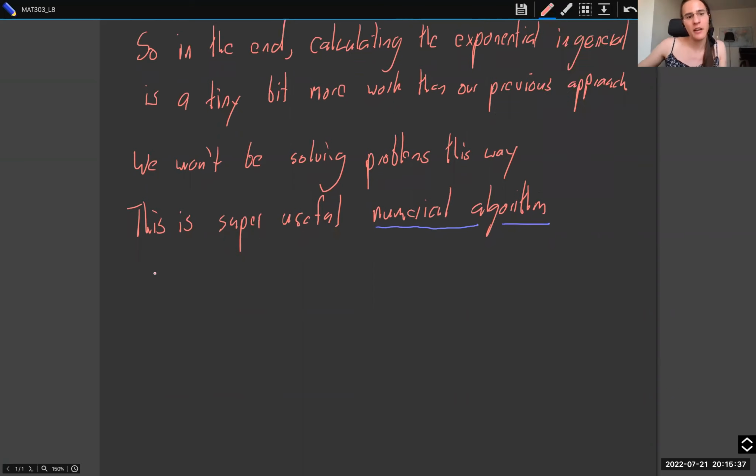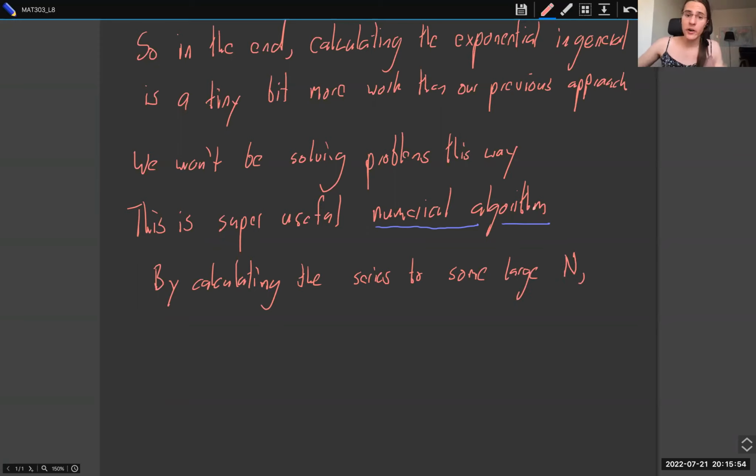So by calculating the series to some large n, or by doing the Jordan decomposition, or exactly by doing the Jordan decomposition, but that's no easier than implementing the other algorithm.